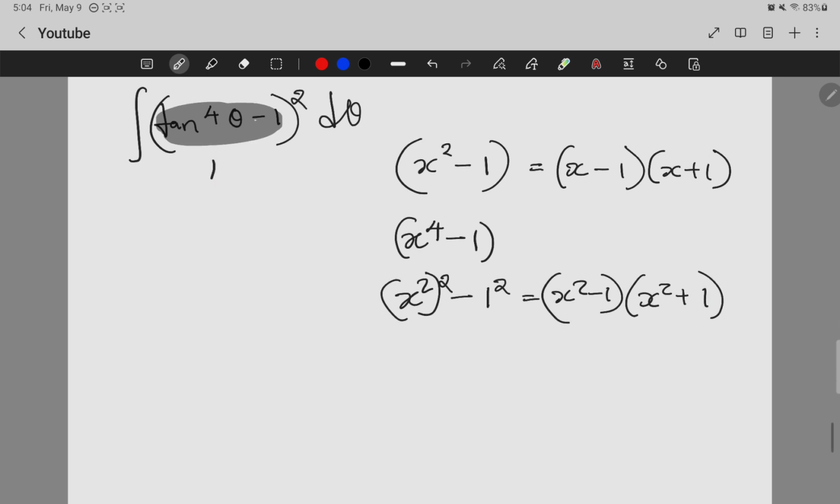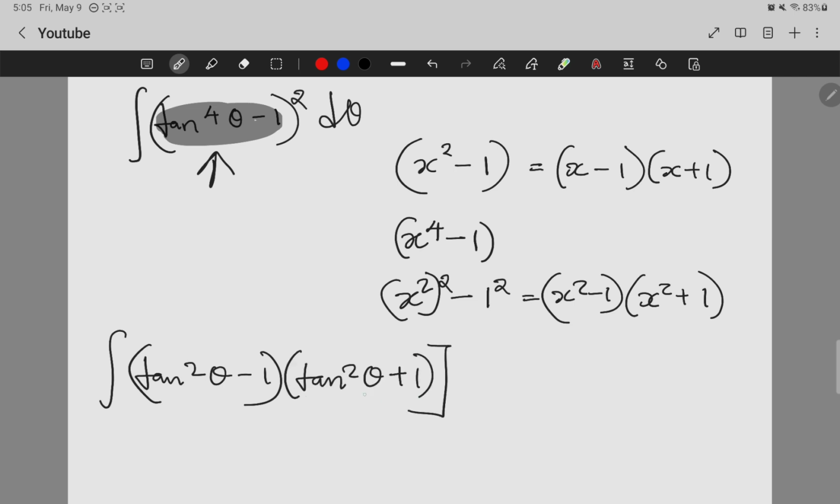Using that idea, we can view the argument there as the difference of two squares. So this would be tan squared theta minus 1, and then tan squared theta plus 1. But don't forget, there's still that square outside. This is just based on what is inside, not that 2 outside.